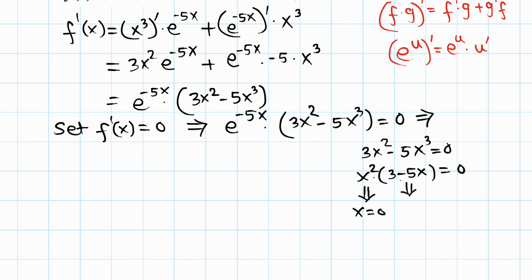From the other factor, 3 minus 5x equals 0, subtract 3 from both sides, so we get negative 5x equals negative 3. Now divide by negative 5, so x equals 3 over 5. Negative 3 over negative 5, negatives cancel. So thus the critical numbers are 0 and 3/5. Final.